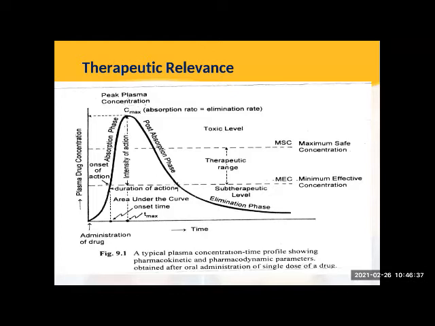The drug is starting to get eliminated from the body. At this particular time, if we administer the next dose of the drug, then again the concentration of the drug in the blood plasma will be on the rise instead of declining.